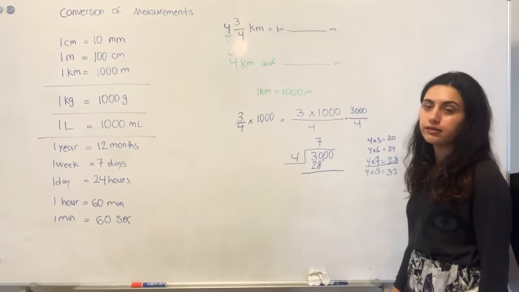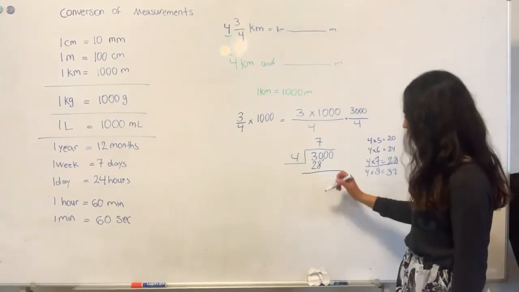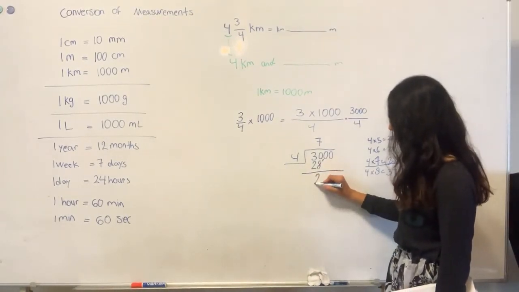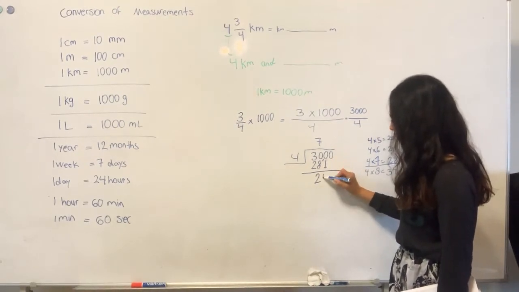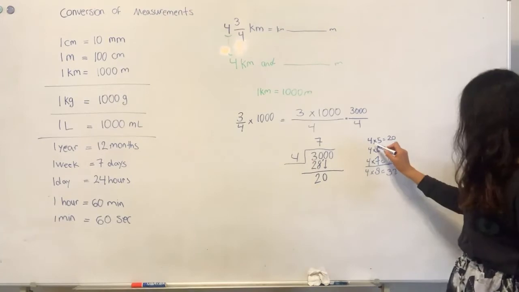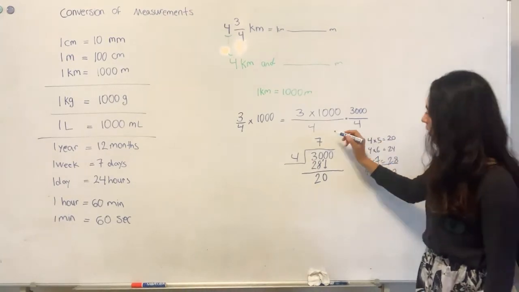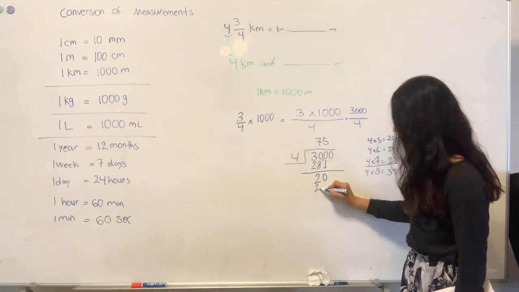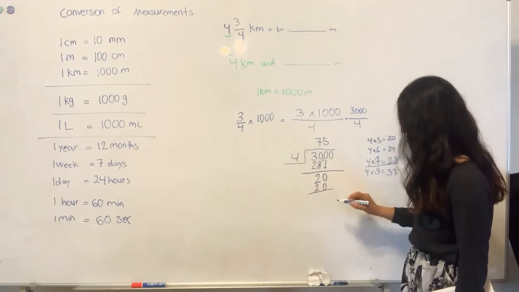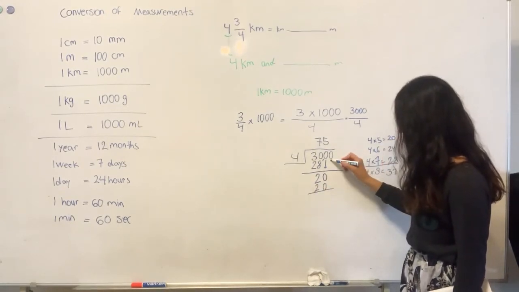30 minus 28, 2. Bring down the next one, 20. 4 times 5 gives me 20, so we choose 5. 4 times 5, 20. We have another 0.